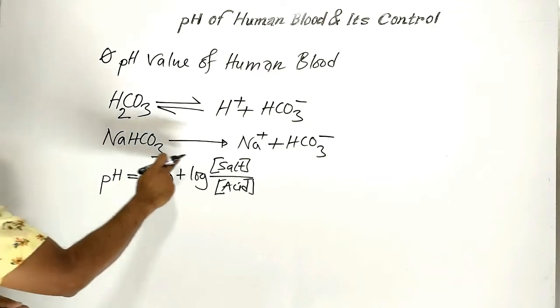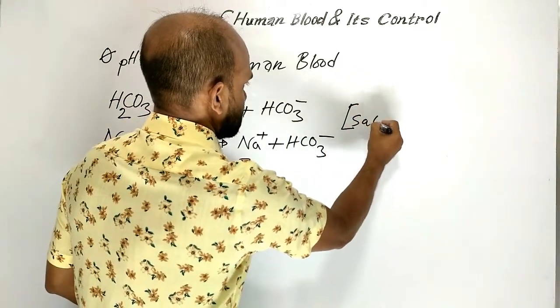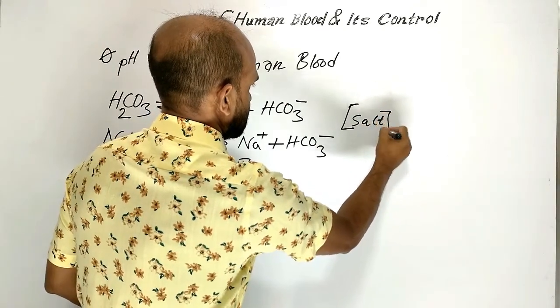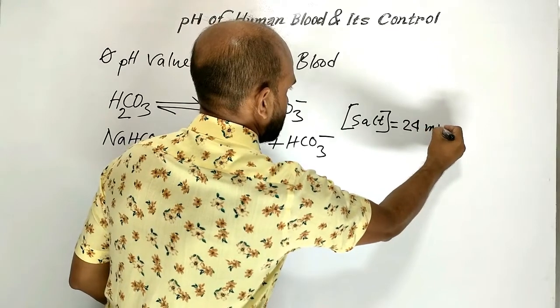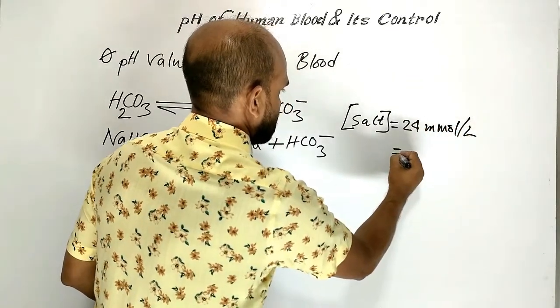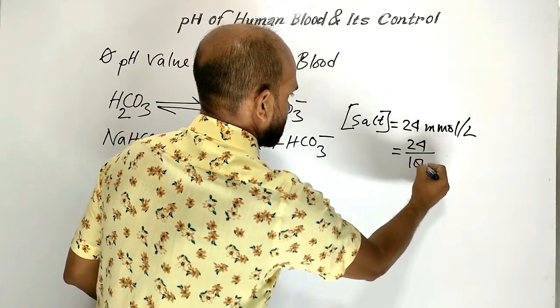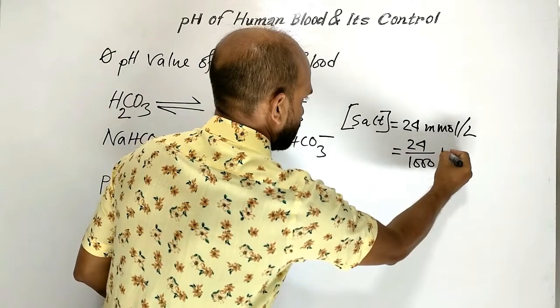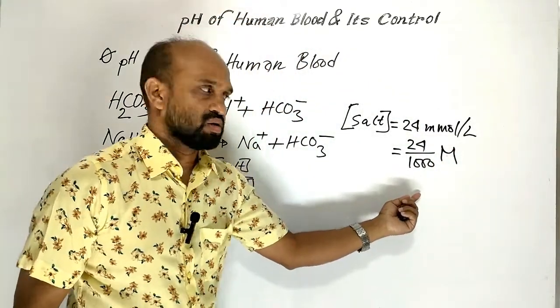In human blood, concentration of salt is 24 millimole per liter. Here 24 divided by 1000 mole per liter, that is molar.